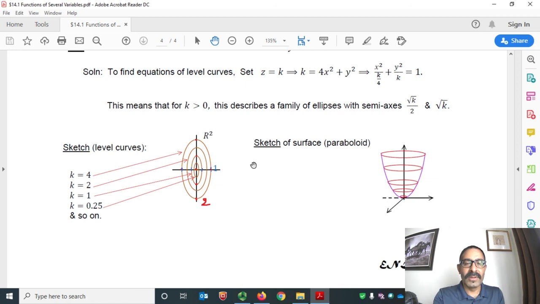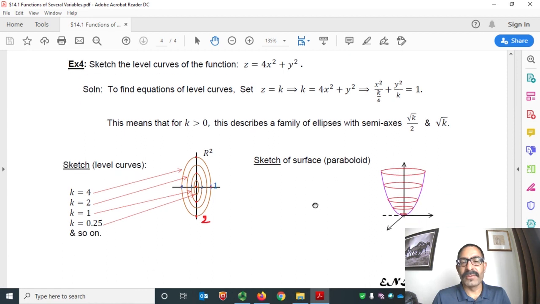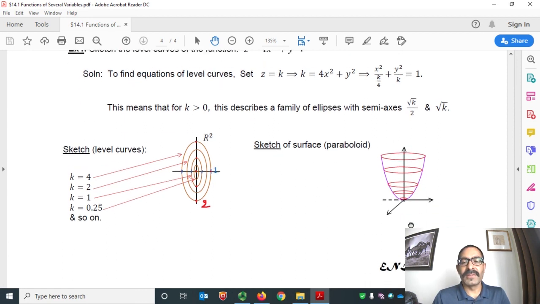What I do is pull these ellipses up in R3, and then this forms this shape here. I hope this makes sense to you all. So this outer one goes to this bigger ellipse, and then it gets smaller, and we know this equation represents a paraboloid opening upward, which matches this surface.